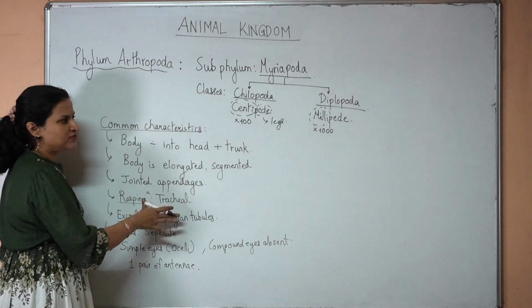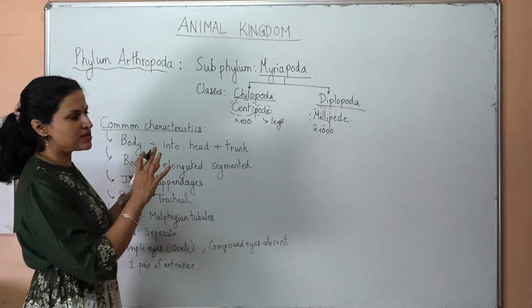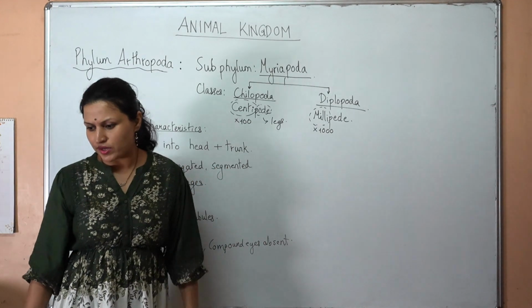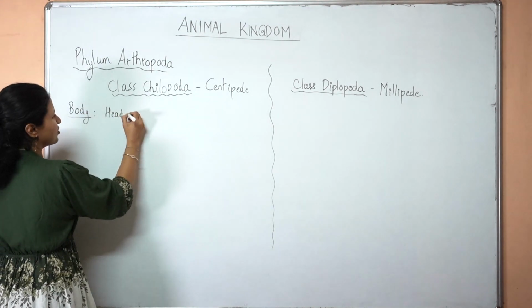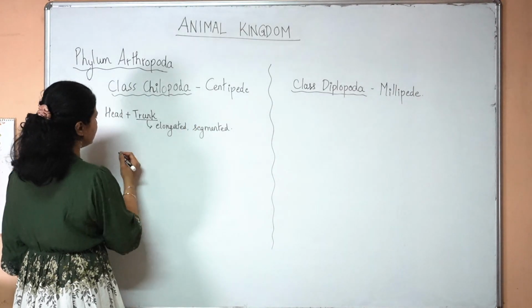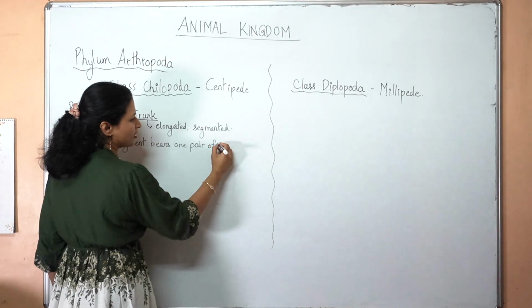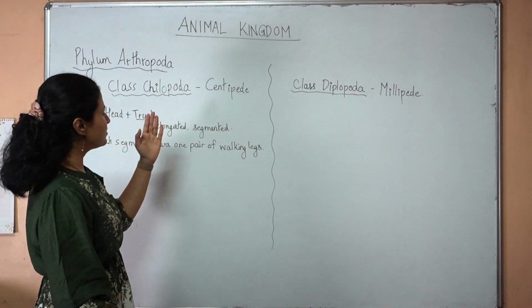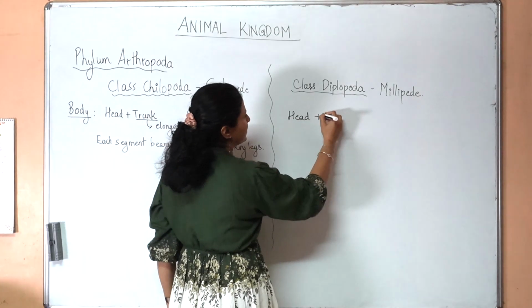So these were the common features of both these myriapods, and now we are going to look at the differences of Chilopoda and Diplopoda. Let's start with the body. In Chilopoda, the body has head plus trunk. Trunk is very elongated. It is segmented and each segment bears one pair of walking legs. So what is the difference in class Diplopoda? These ones will also have a head plus a trunk.